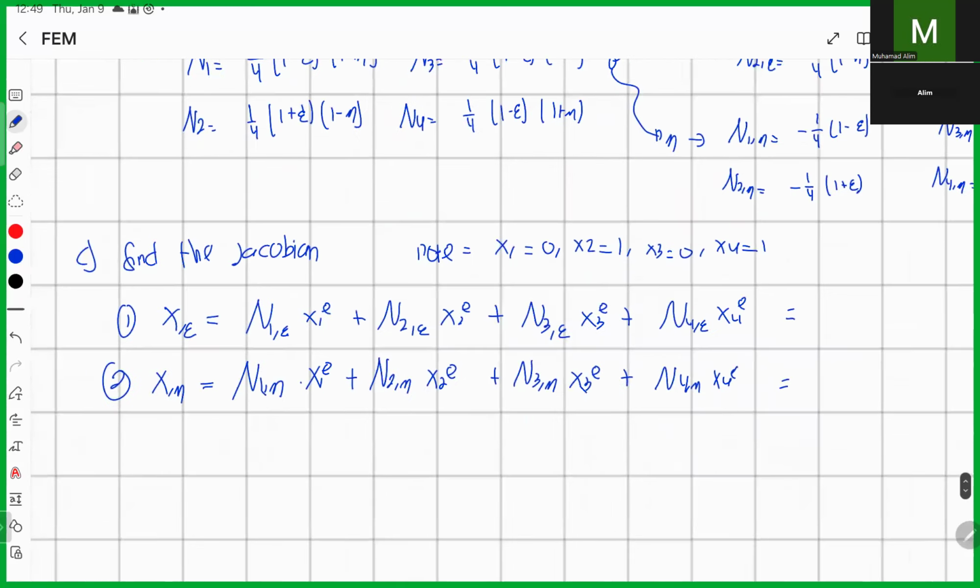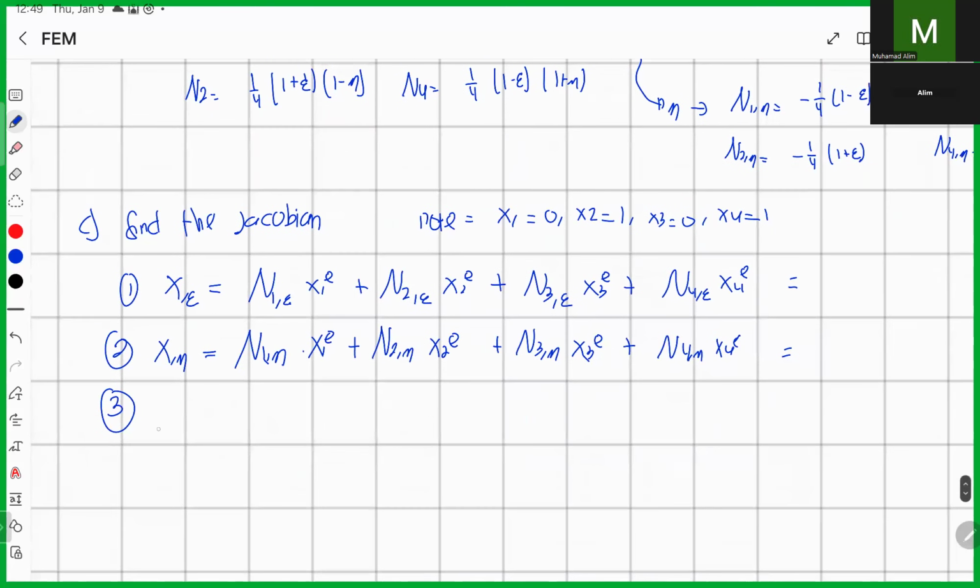And then you also will need to find the y with respect to xi and eta.